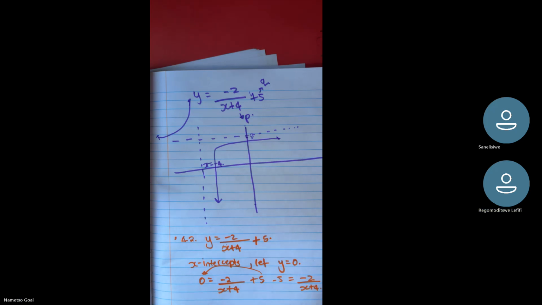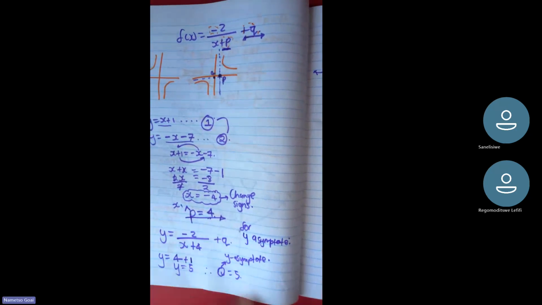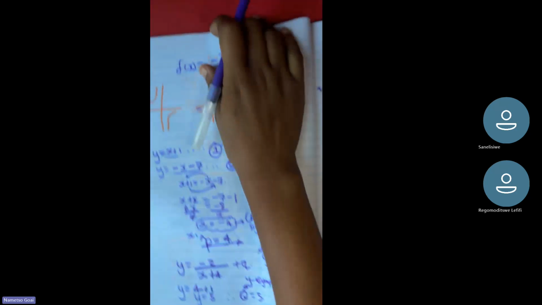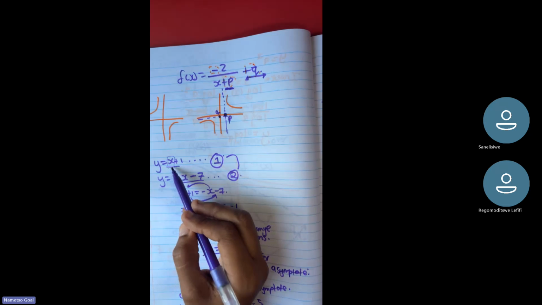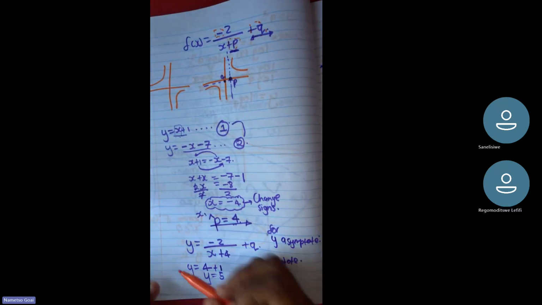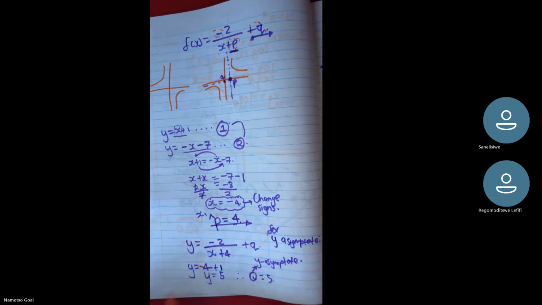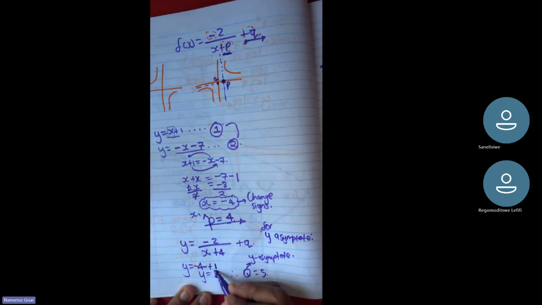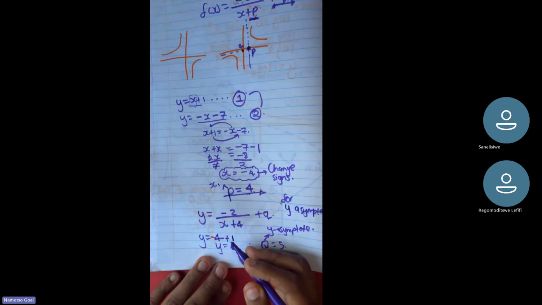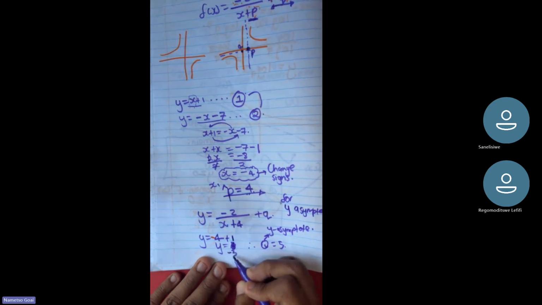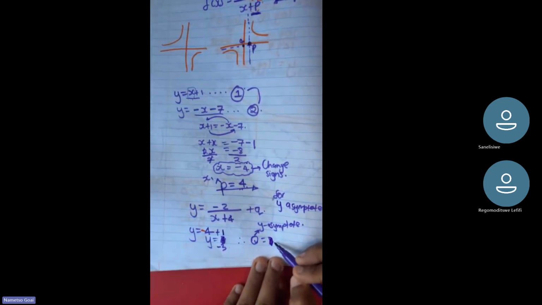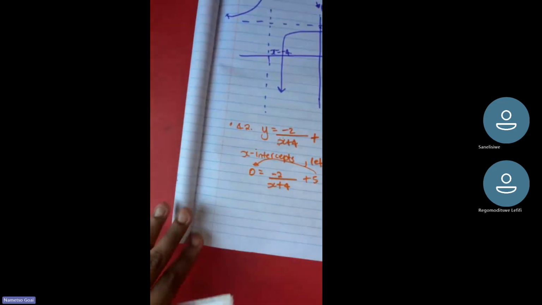Because remember our x is negative 4, right? So this would have to be negative 4 plus 1, which is negative 3. So our y asymptote would be negative 3. I'll redraw the diagram. Thank you very much.